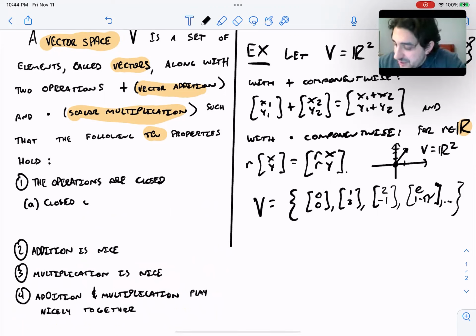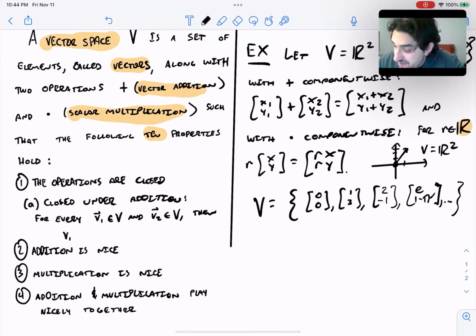To be closed under addition means that if I pick 2 vectors from my vector space V, so if v1 and v2 are both elements of V, then when I add them together, I again get an element of V. That's why they call it closed.